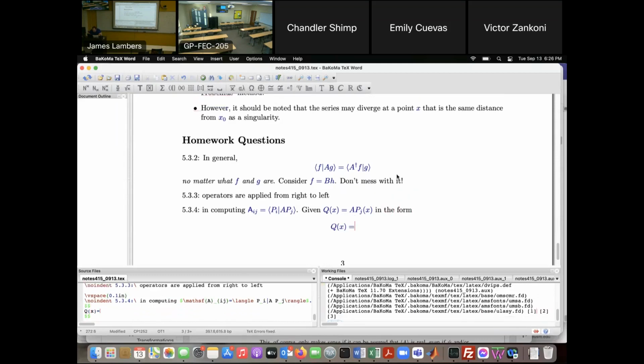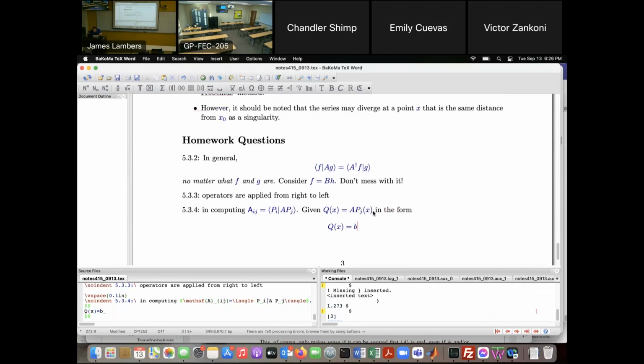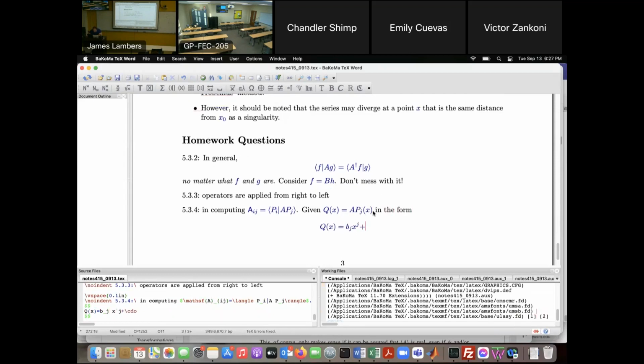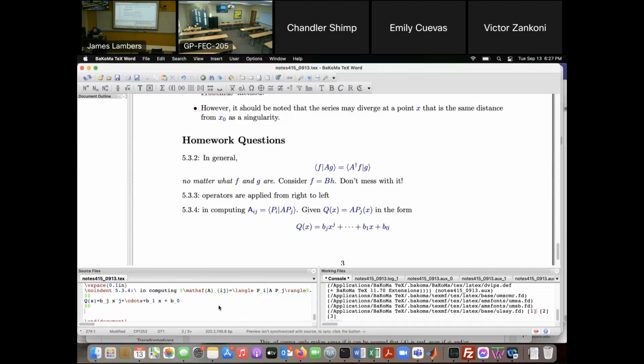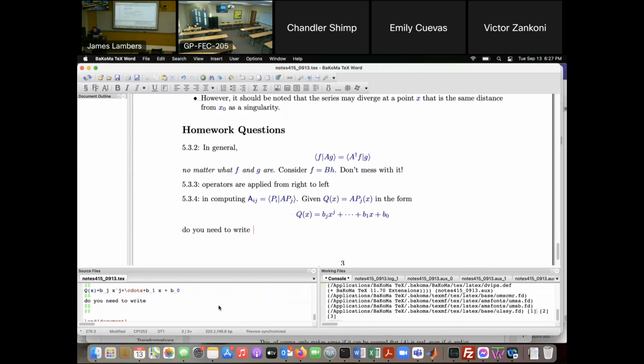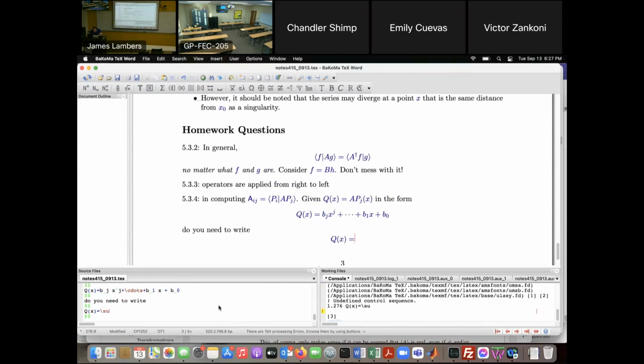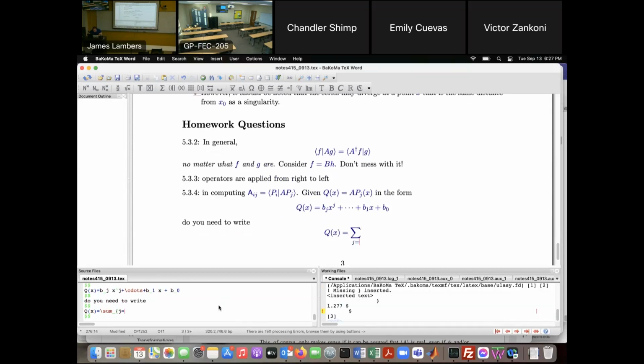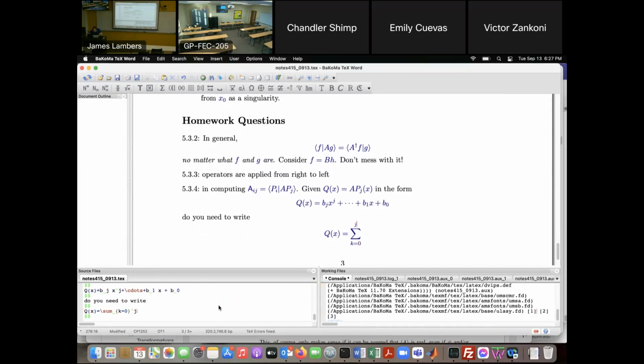So if what you got from carrying this out is something of this form, then do you need to write Q of x in this form, of some other coefficients?